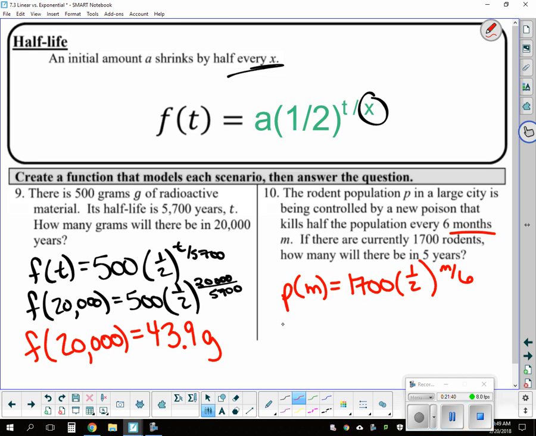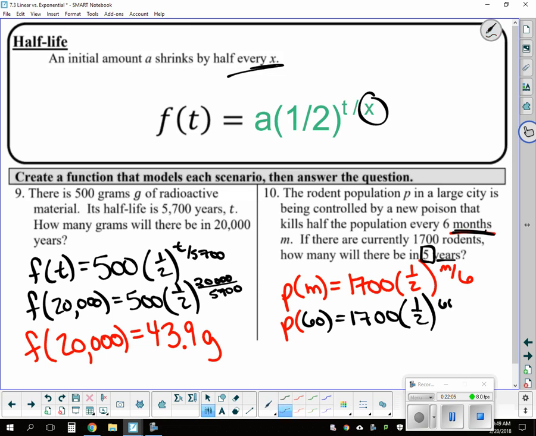And then what we need to find is not P of 5. Be careful. We're working in months here and years here. So 5 years is how many months? Well, 5 times 12 is 60. So if you found P of 5, you got tricked there. You've got to make them in the same unit. In this case, we need them in months.